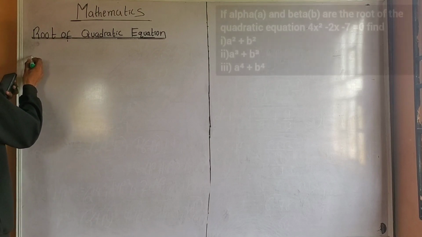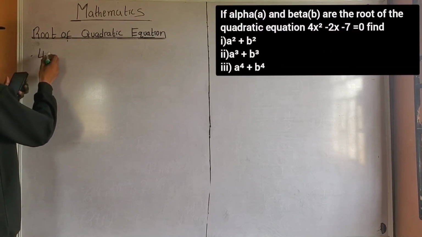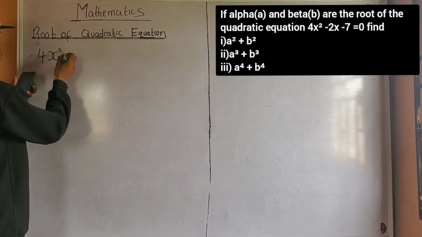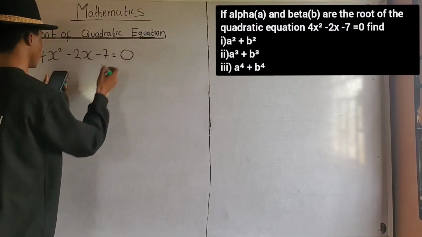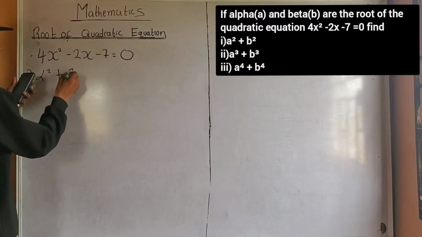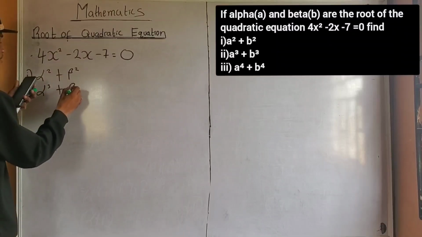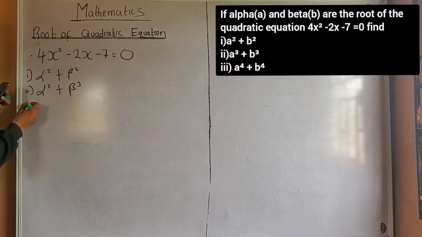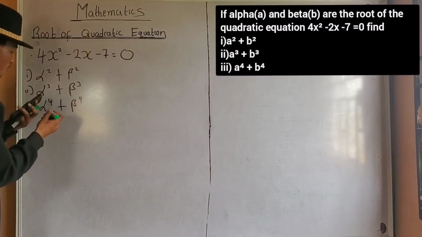We are given that alpha and beta are the roots of quadratic equation 4x squared minus 2x minus 7 equals 0. We are asked to find the value of alpha squared plus beta squared, then alpha cube plus beta cube, and the third is alpha raised to the power of 4 plus beta raised to the power of 4.